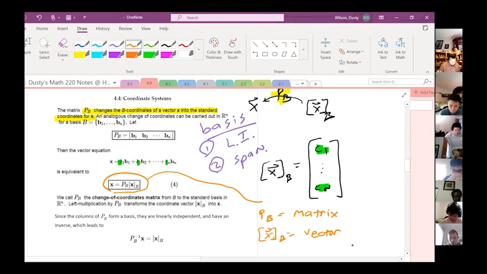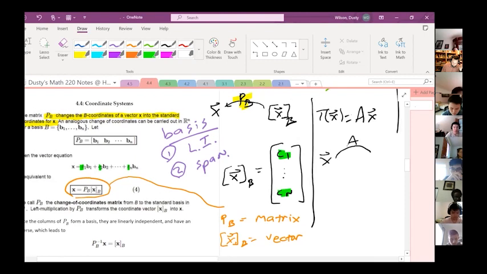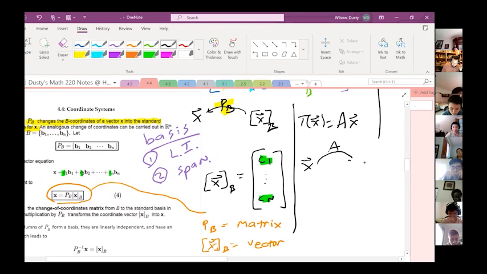Let me see if I can draw an analogy for you, because I think this is both easy but easy to be confused by. So think about your transformations. We had T of X equal to AX. And what this was saying is that if you started with some vector X and you multiplied by the matrix A, then on the back end, you would get T of X, which is the same thing as AX.